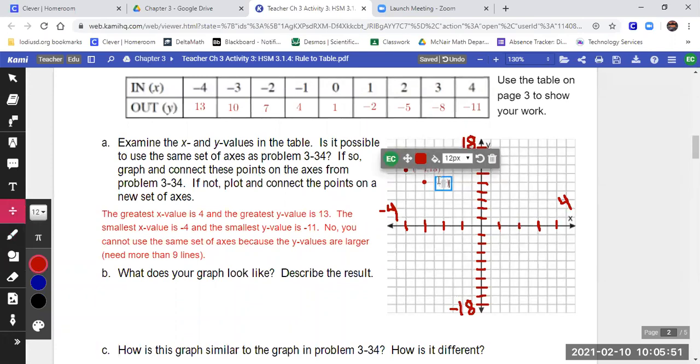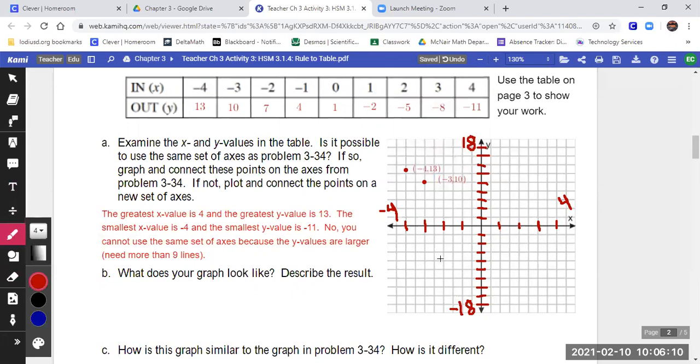How about our next one? Oops, extra parentheses in here, man. What about our next one? -4, 13, -3, 10. What's our next one?